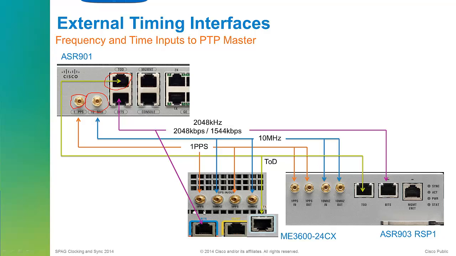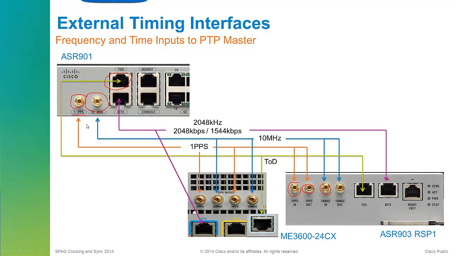Also on the other platforms we have 1 pulse per second inputs and outputs, and you can see on the 903, for instance, the 1 pulse per second input and output. The 901 economizes a little bit for space on the front faceplate. It has dual purpose plugs, so both input and output are on the one pulse per second. The other ones are separate.